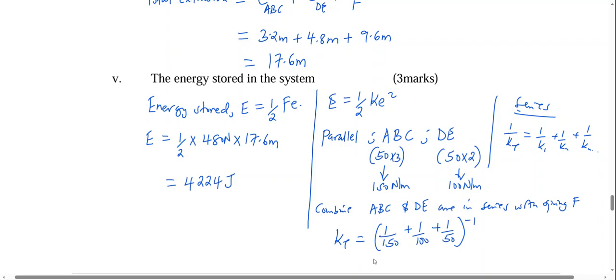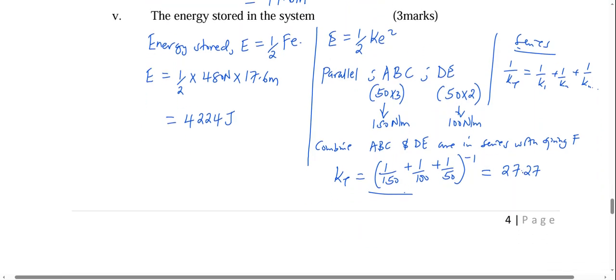Therefore, using these quantities, we get 27.27 as the total spring constant in Newton per meter.